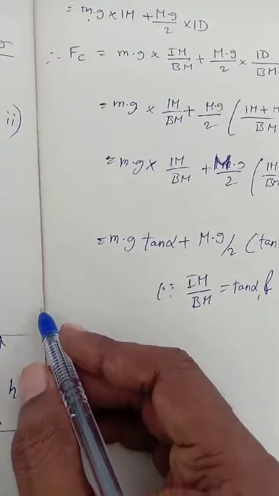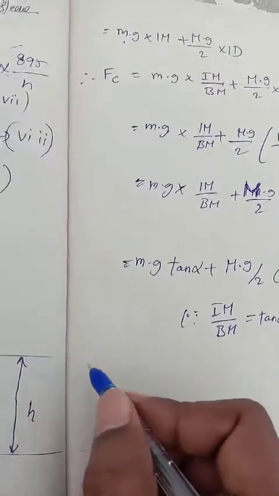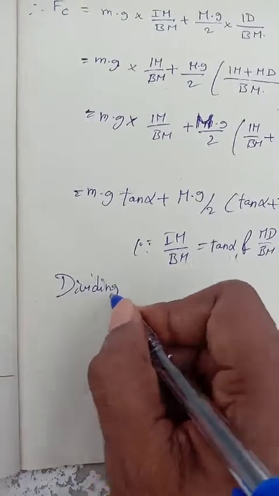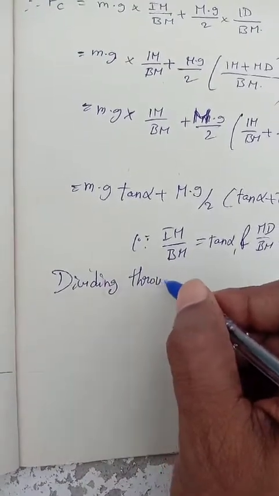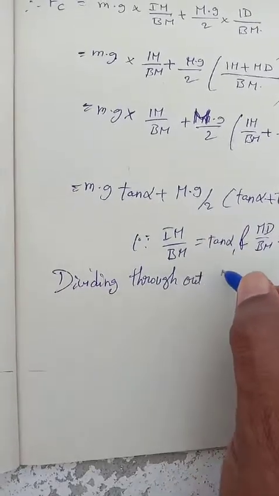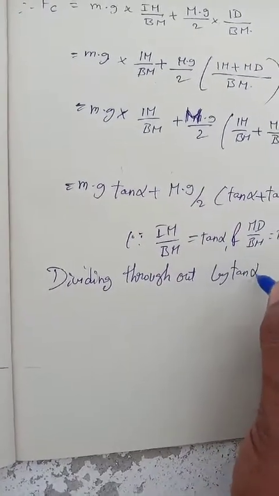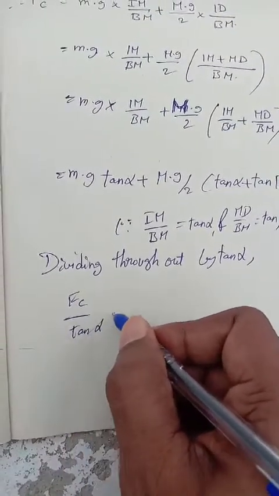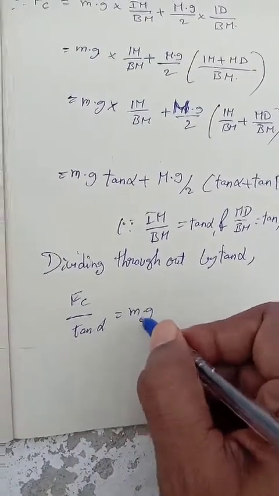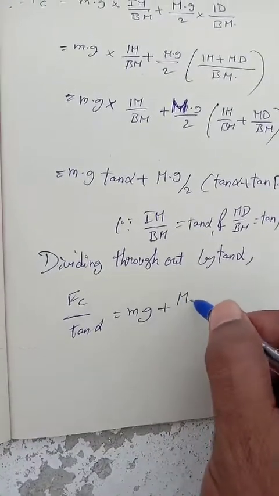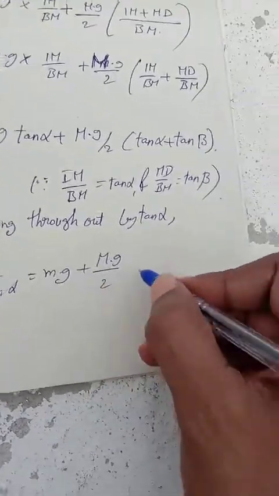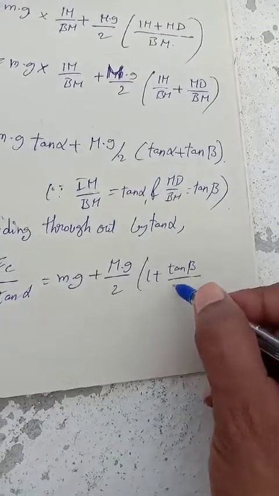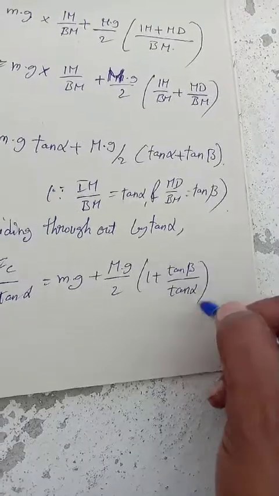Dividing through out by tan alpha, FC divided by tan alpha is equal to m into g plus capital M into g by 2, and then 1 plus tan beta by tan alpha.